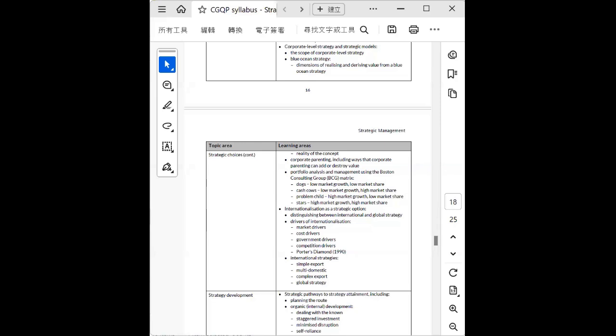Internationalization strategies include simple export, multi-domestic strategy, complex export, and global strategy. So there are different types of export strategies.